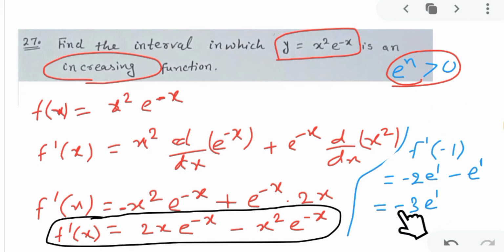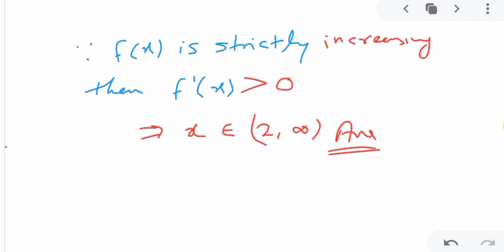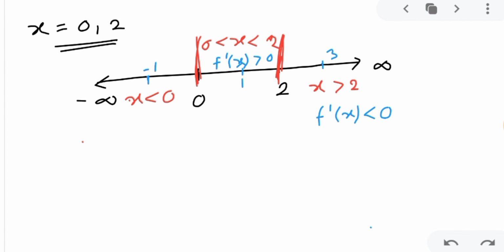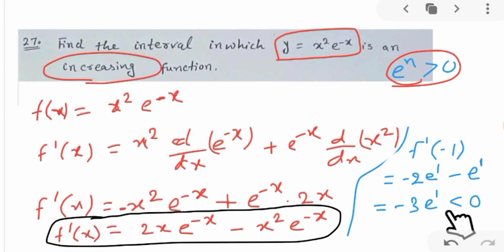Negative into positive will be minus always. So this value will be less than 0. Correct? So for this region we got f dash x less than 0.